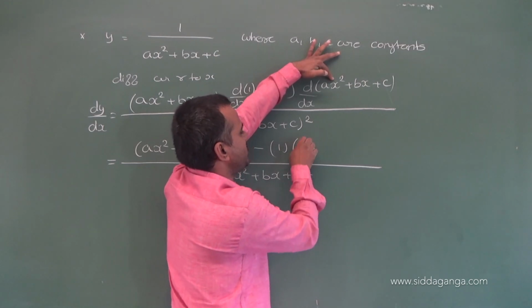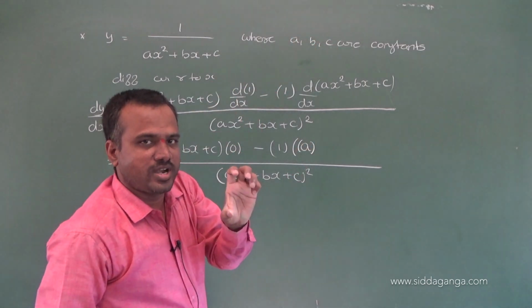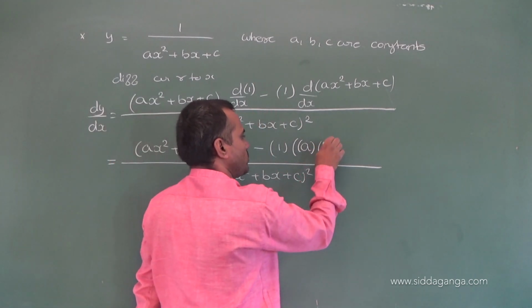We write the constant as it is, a as it is, d by dx of x square is 2x.